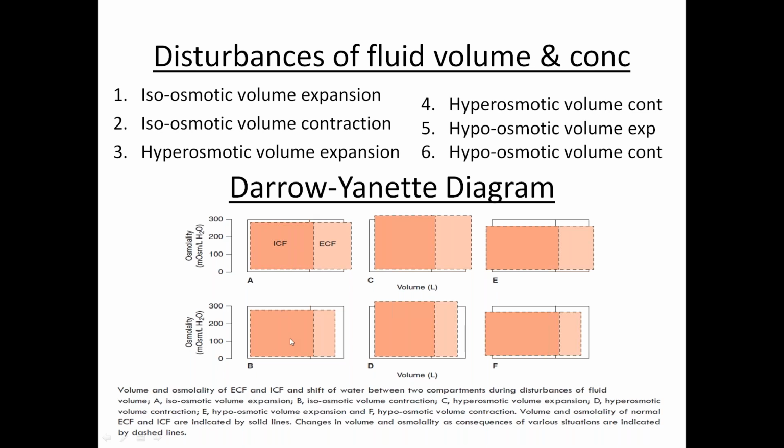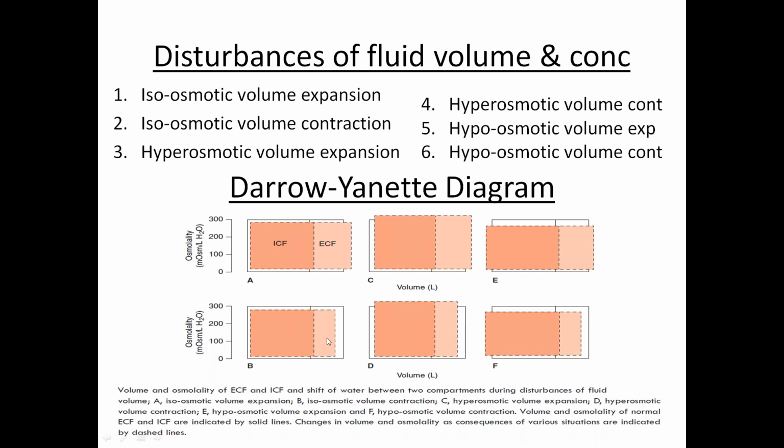This one. So now let's talk about an isoosmotic volume contraction. Okay. So, as you can see, the difference between these two. First of all, how will the isoosmotic contraction occur? Because of loss of isotonic fluid, which occurs in which conditions? Diarrhea, vomiting, hemorrhage, ascites, burns, right?